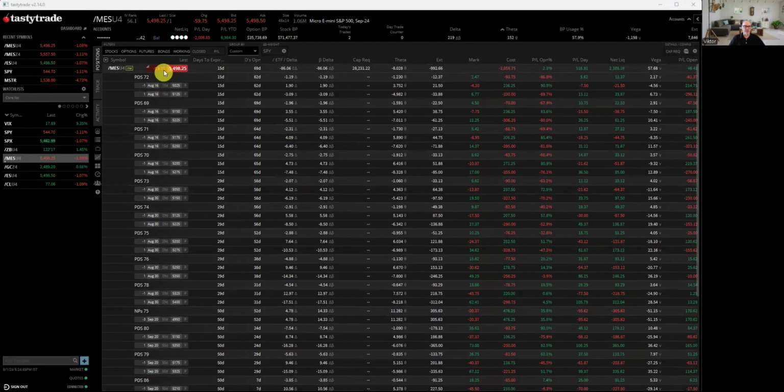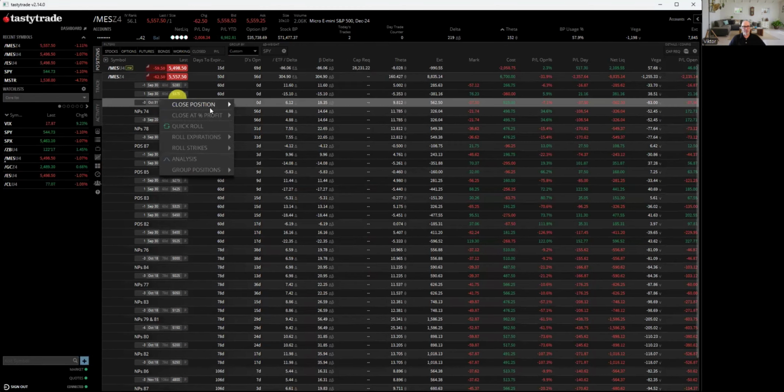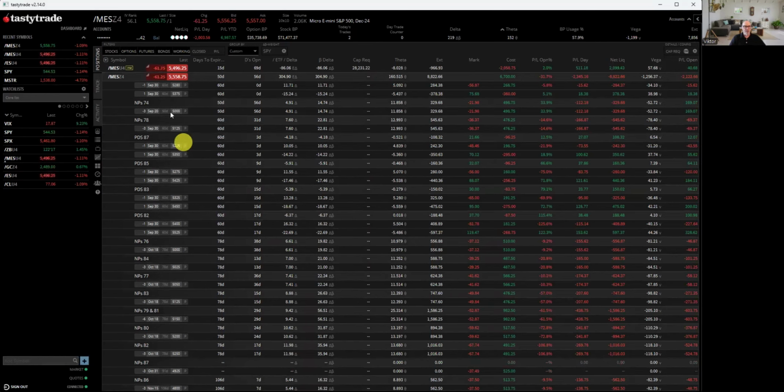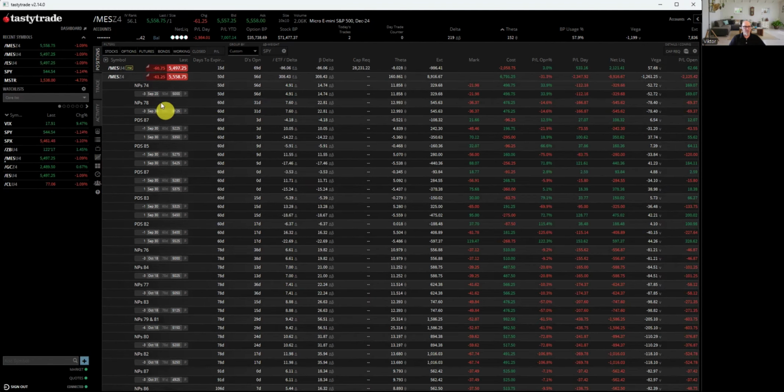And then let's take the other expiration where most of our trades are, and by the way, let's just group this. This is naked puts 87, and then this is going to be PDS 87, PDS 87. So that's now marked.